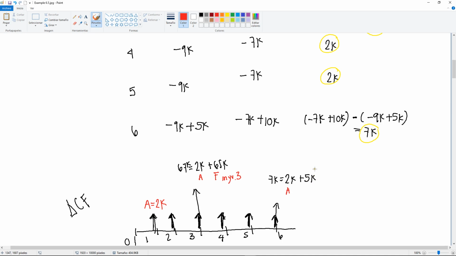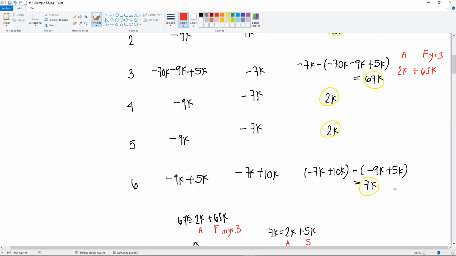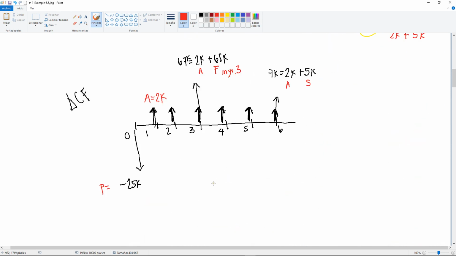Well, yes, it's going to be an F in year 6, or our salvage value, which is an F in year N. Therefore this 7,000 will be 2,000 plus 5,000, which is your A and your salvage value, or your F in year 6. And that's how you would translate the results of your incremental cash flow table and put them in diagram form.